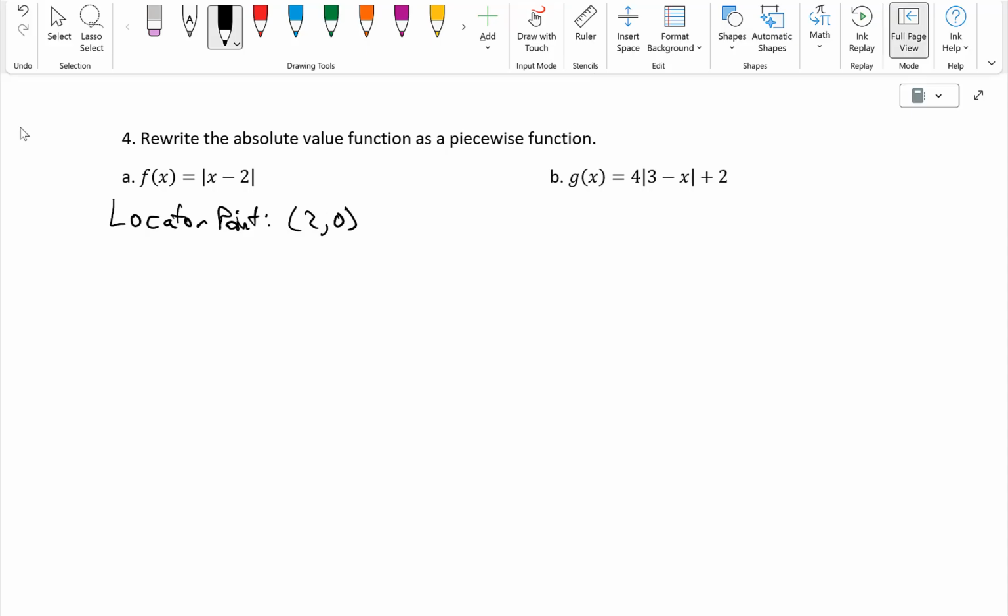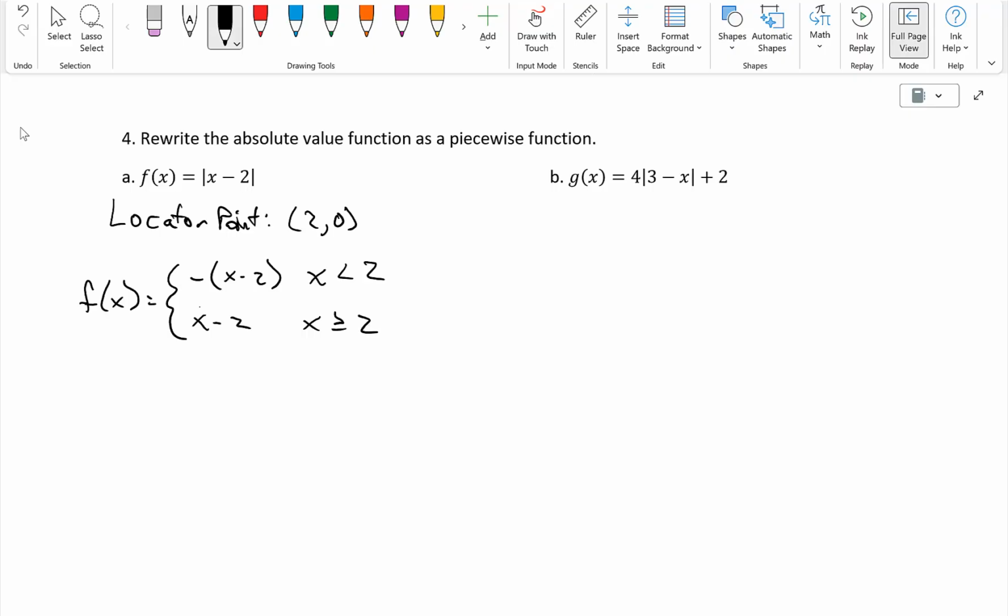And there's no other transformations or anything here, so we can split it the same way the one was split above. One piece is going to be minus the original function, and we can look at exactly how that works in a sec, but we can say x less than 2, right, from that locator point, and then we have just x minus 2 for x greater than or equal to 2.